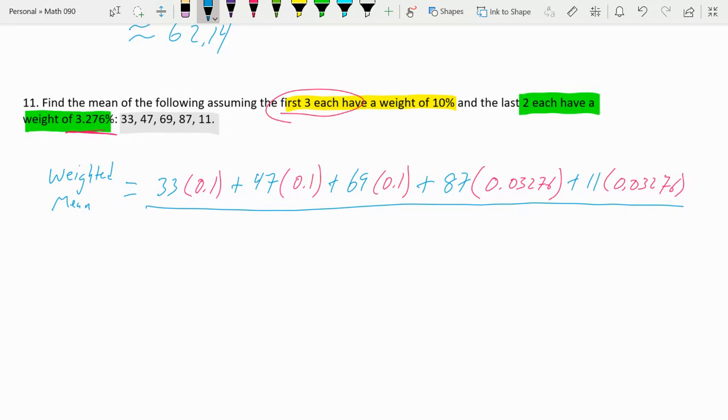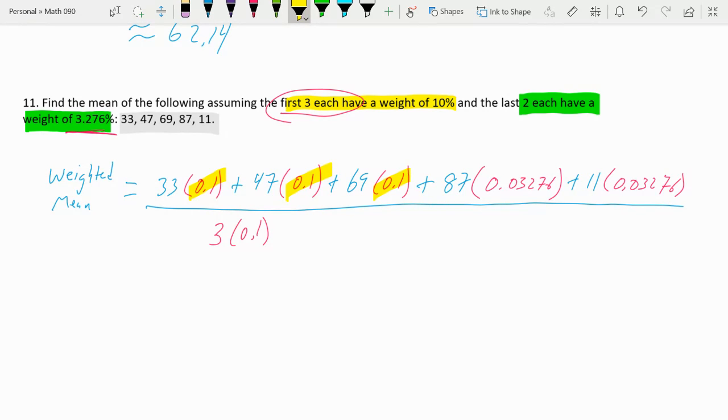And now the whole thing is going to be divided by all those percentages. I'm going to be a little bit lazy. Are you all okay if I say there were three 0.1s? There was one, two, three of them.